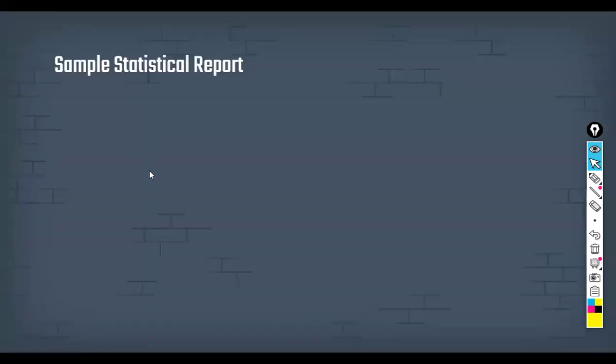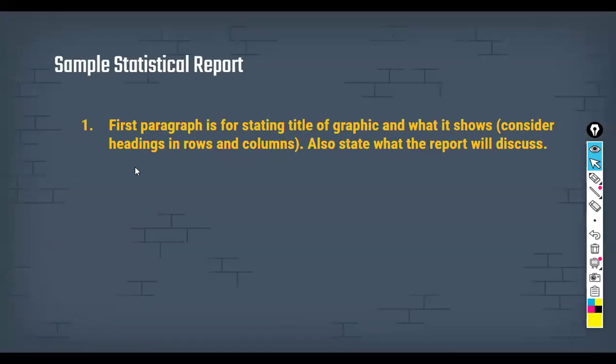So let's look at a possible statistical report. Just as we said before, you all don't have to write anything. If you want to write it, I will share the link to the PowerPoint with you at the end of class, and you could go through, find it, and write it. Or you could take a screenshot.